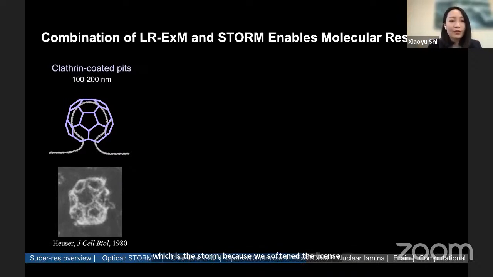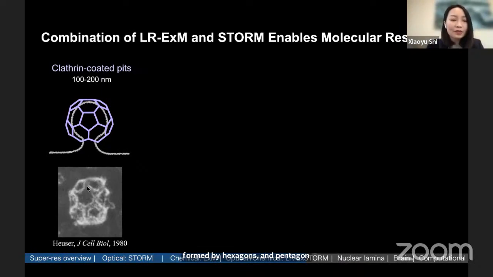And again, we use clathrin-coated pits as our model system to validate our molecular resolution. The reason is if you use electron microscopy to image the clathrin-coated pits, you will see they are not only a hollow structure, but also a hollow structure formed by hexagons and pentagons.